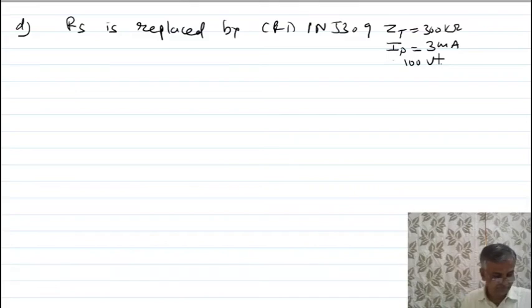They have given the permissible voltage as 5 to 100 volt.